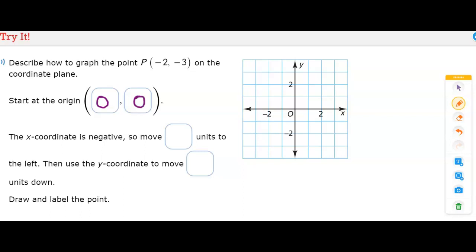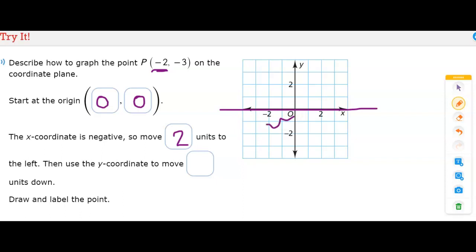The x-coordinate is negative, so move blank units to the left. So x is -2, so -2 is going to be on the x-axis. This is our x-axis here. I'm going to go to my left, and that's going to be 2 units to the left because it's -2.